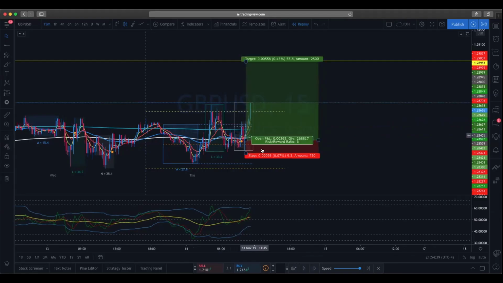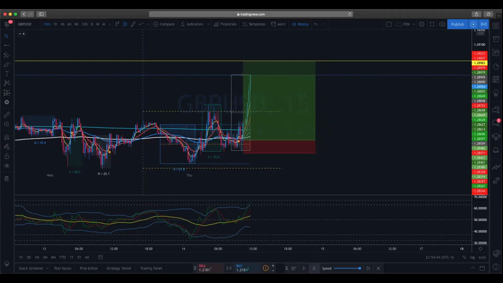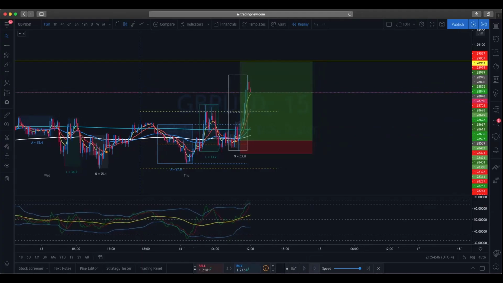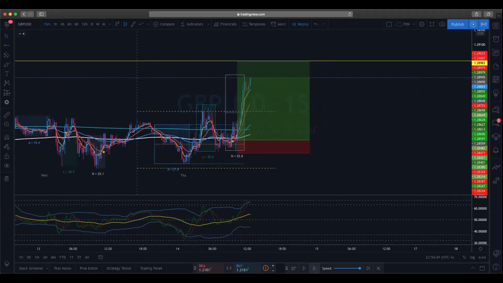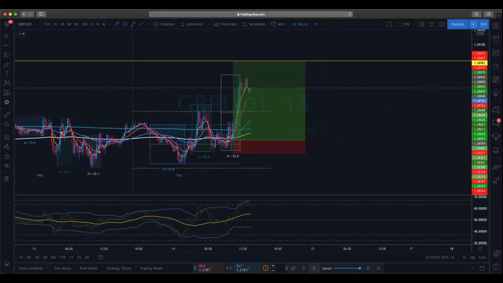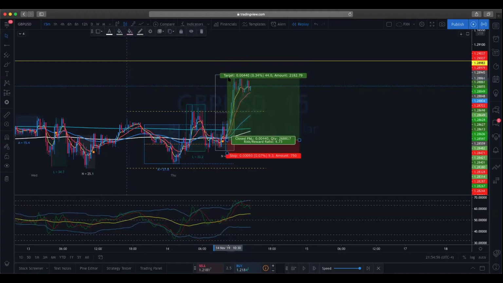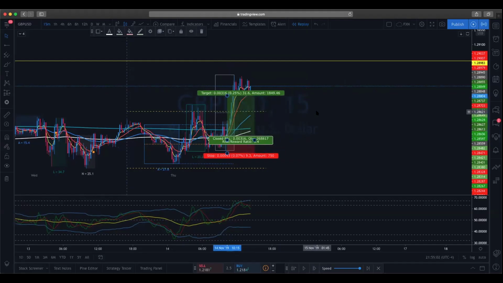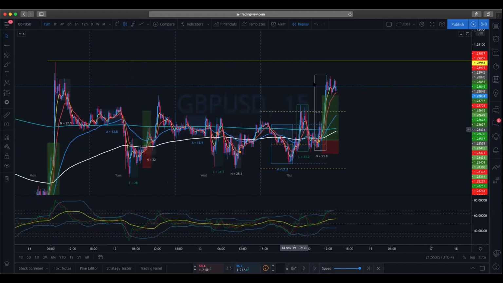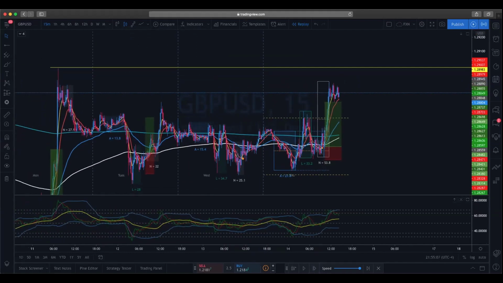And that would have put you into that trade there on a buy stop. Yeah, it's not going to go all the way up. So it went up about 44 pips. So you take your, let's say, 30, and call it a day. You're still not even to the top of the range either. So that's going to be pretty interesting to see.